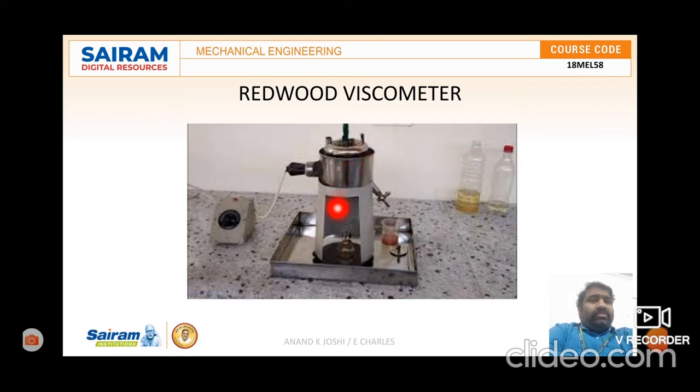At the bottom the oil is drawn into the 50 ml flask. Once the oil is heated, we can measure the temperature through the thermometer. This is the setup we are seeing now. The only thing is that we have to count the time required to fill this 50 cc flask.